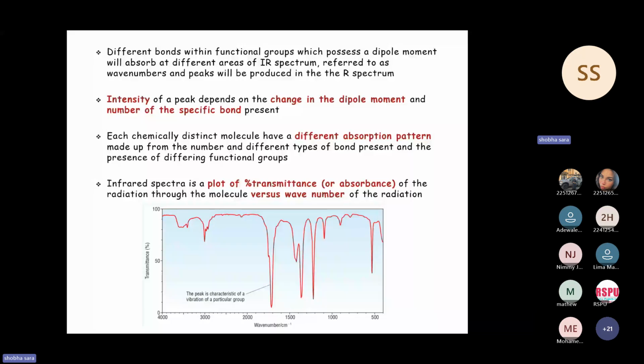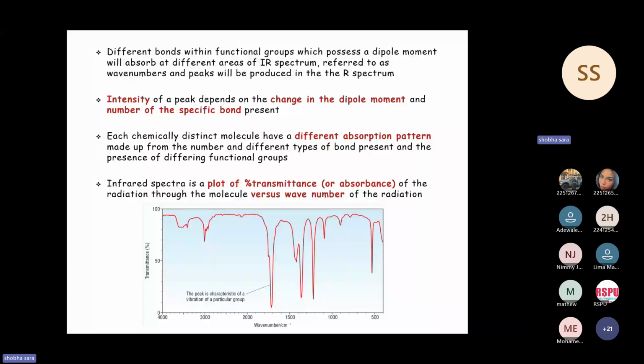When we irradiate the sample with radiation from 4000 to 400, at 4000 it is 100% transmitted. So light is 100% transmitted, but at 3800 you can see a dip. That means in the compound, there is some bond which has a natural vibrational frequency at 3800.